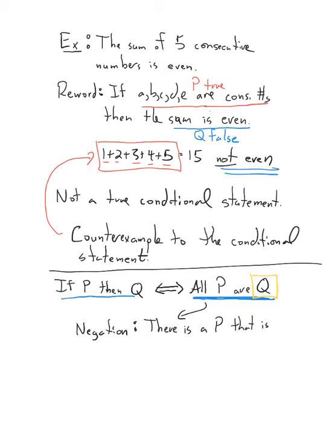So we're going to change that to a not Q. So that means there's something that has property P, so P is true, but it's not Q, so Q is false. So a counterexample for an if-then statement, if one exists, is a situation where the if part is true and the then part is false.